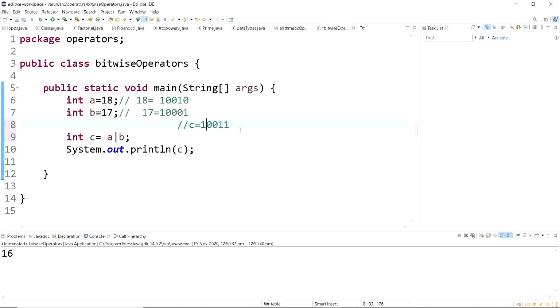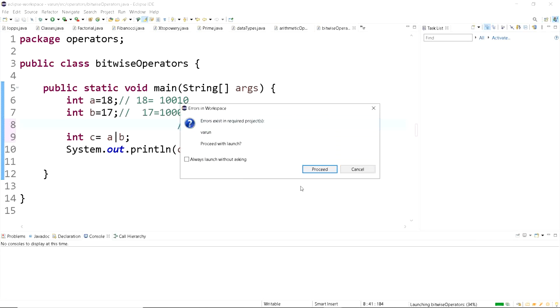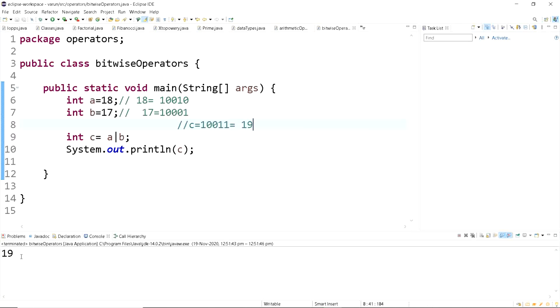So 10011, when you convert it into decimal, should be 19. Let us see whether the number we get is 19 or not. Yes, the number is 19. So this is how AND and OR operators work. This is how bitwise operators work.